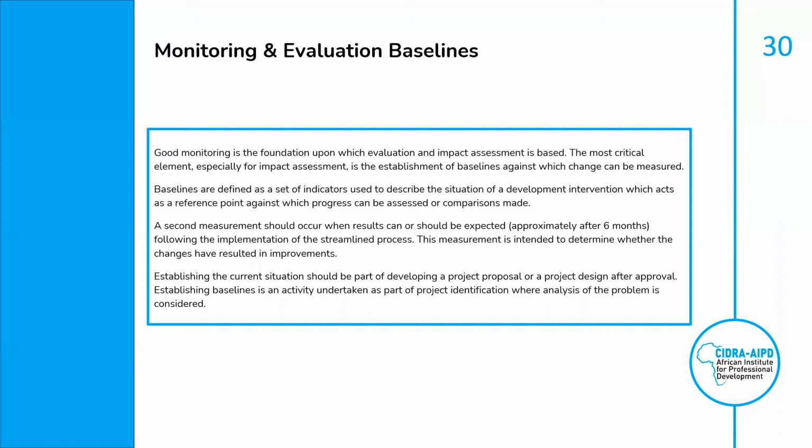Establishing the current situation should be part of developing a project proposal or a project design after approval. Establishing a baseline is an activity undertaken as part of the project identification, where analysis of the problem is considered.